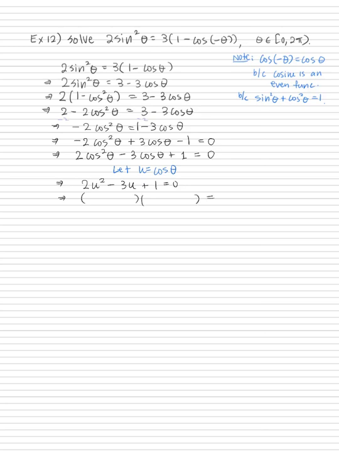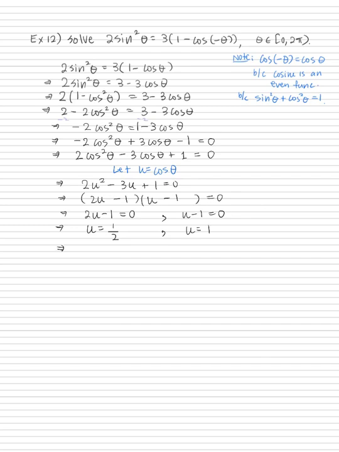All right, so what do we get? 2u minus 1 and u minus 1. So that implies that either 2u minus 1 is 0 or u minus 1 is 0. So u is 1/2 or u is 1. So what was our u?